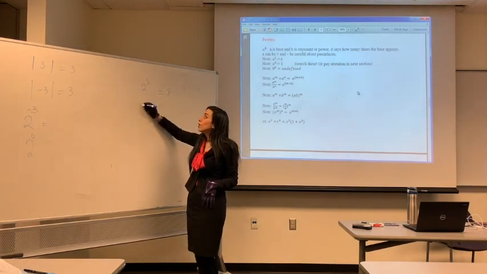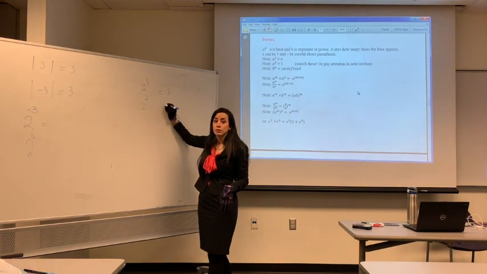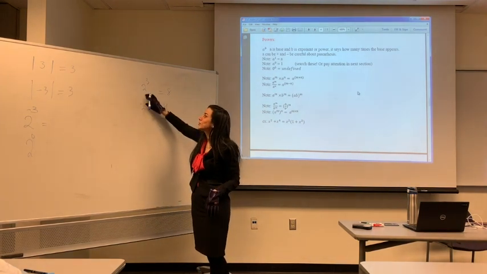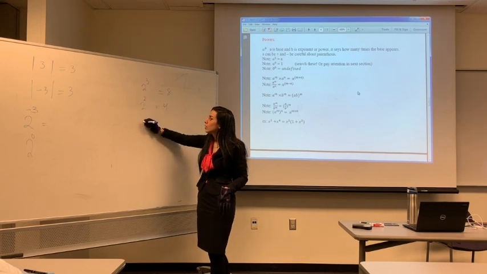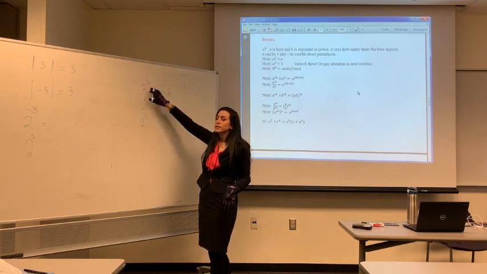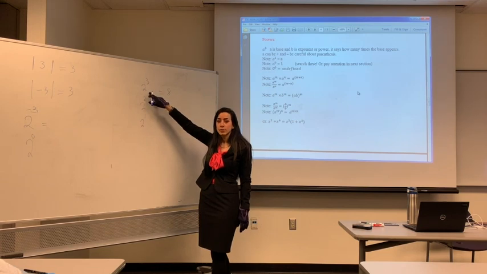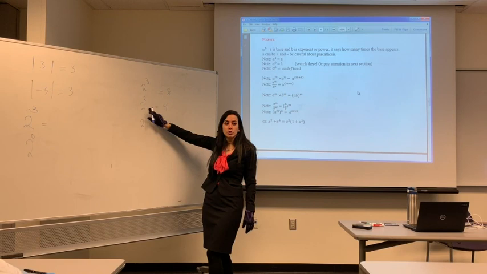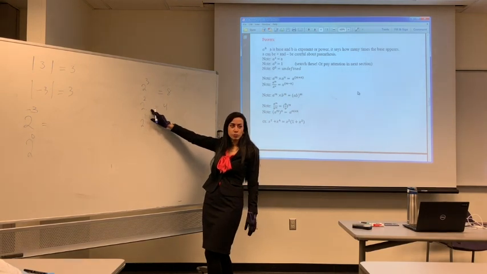So now, what is 2 power 2? 4. I'm sorry. 2 power 2 is 4, correct? 2 power 1. So let's talk about this. I said 3 times multiply 2 to itself, correct? 2 times multiply 2 to itself means 2 multiply 2.